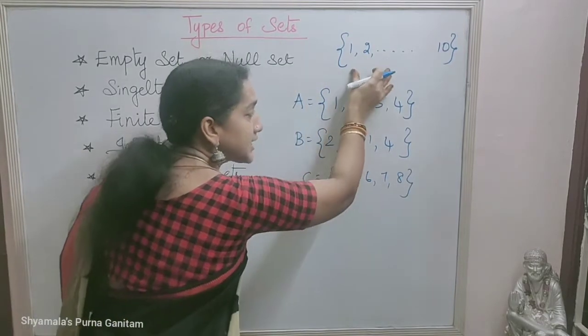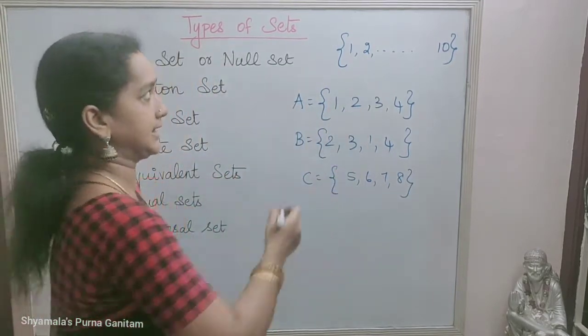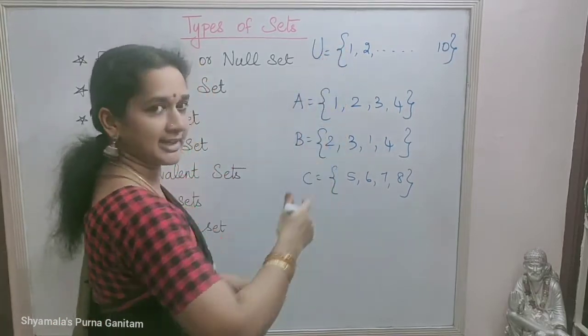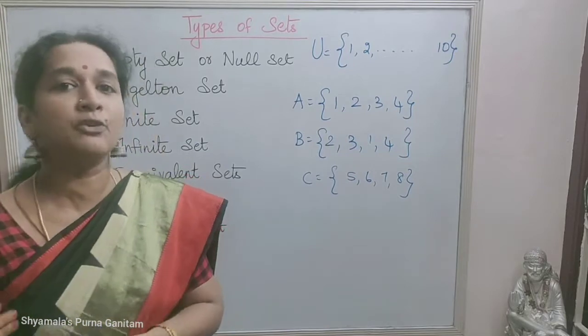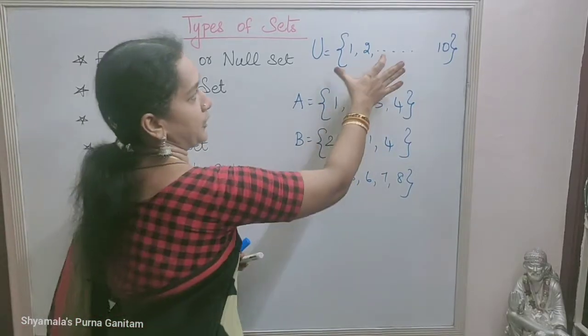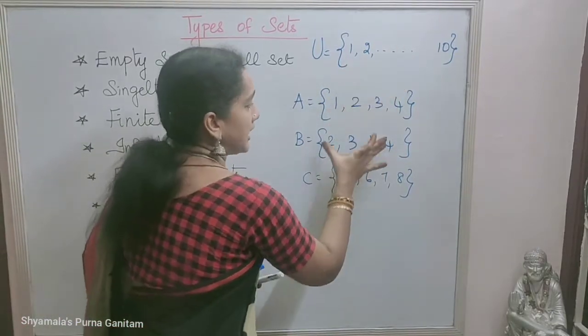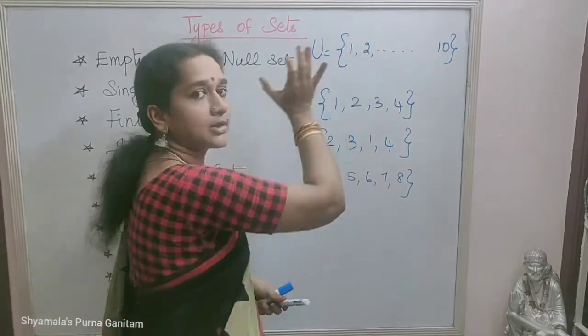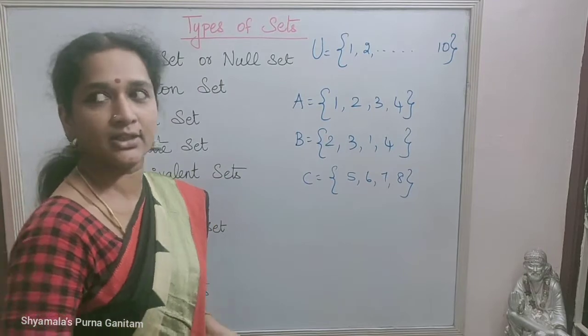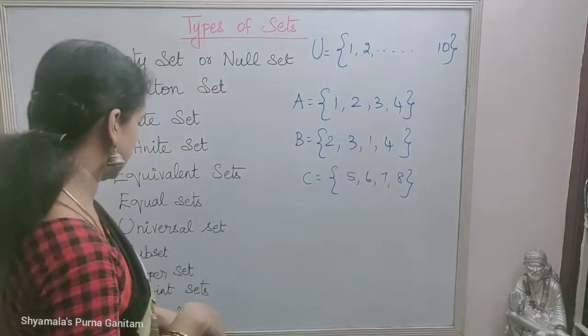From this set only I am writing the remaining sets. So this is called the universal set. From a particular group I am segregating the different groups. From this only I am taking the remaining sets. So that set is called the universal set.